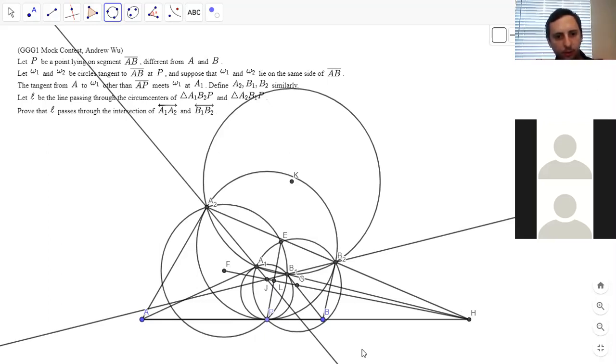I just feel like it shouldn't be hard to show that FA2 is tangent. If we could show KA2 is tangent, that's the same thing.